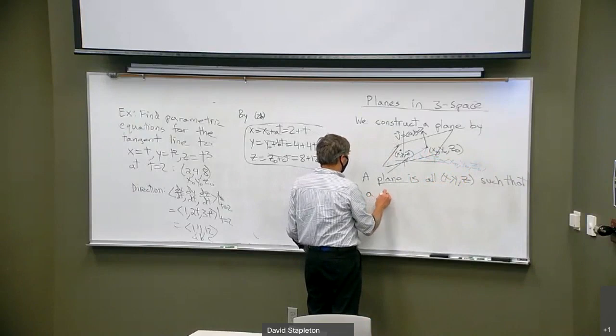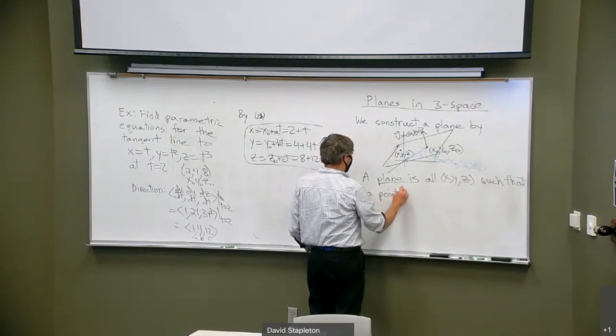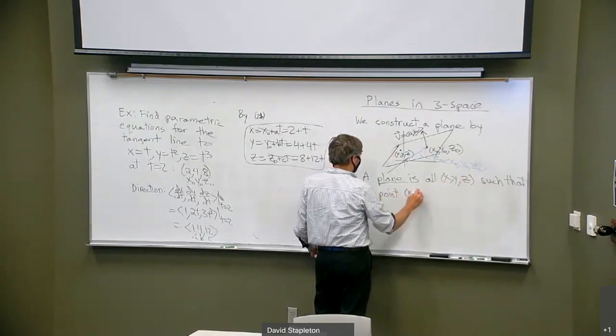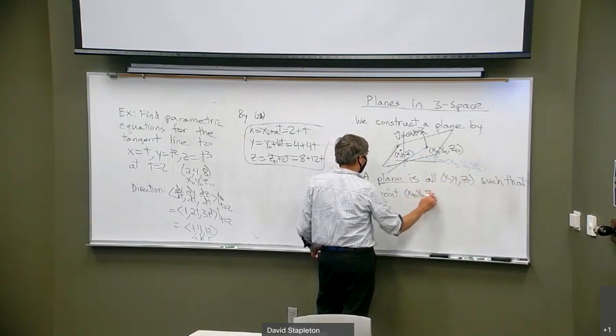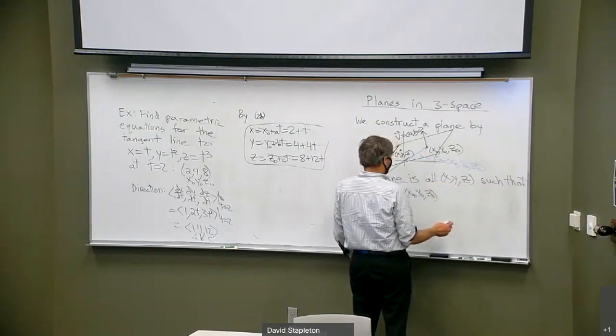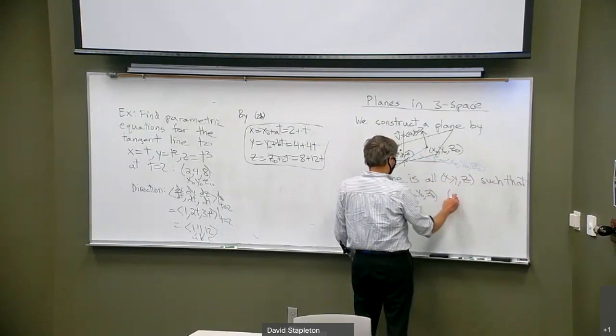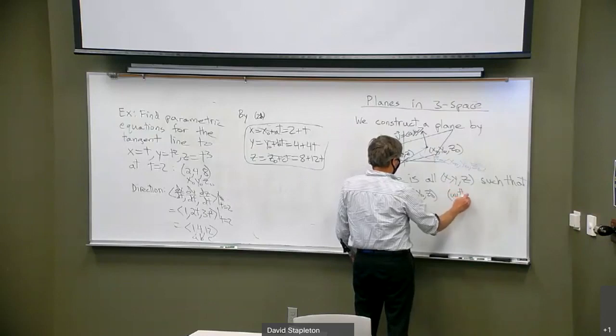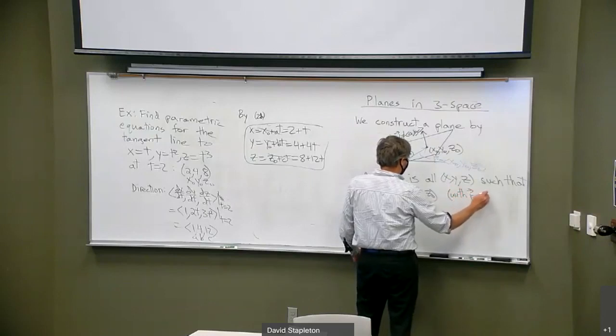A point is given on the plane, and r0 is defined to be the vector to that point.